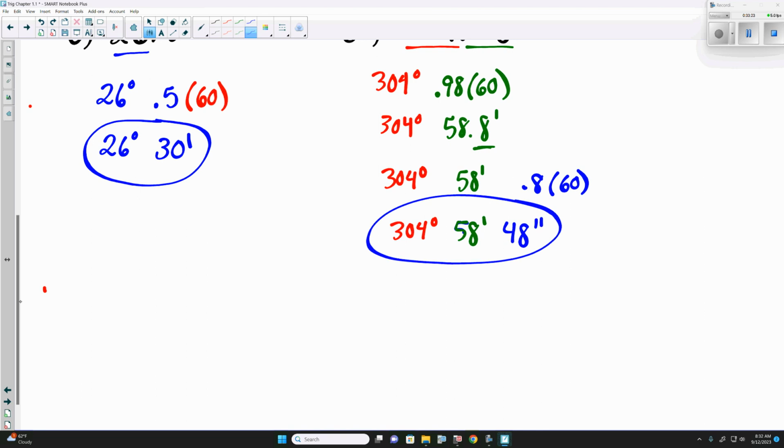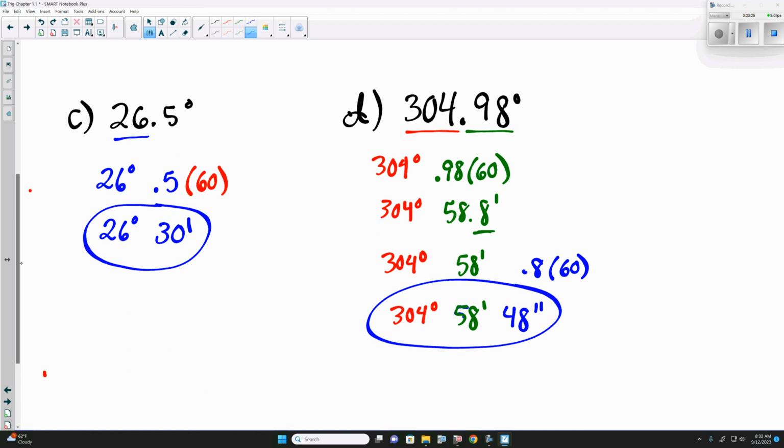So our angle, 304.98 degrees, is the same as 304 degrees, 58 minutes, and 48 seconds. Questions on this here so far?